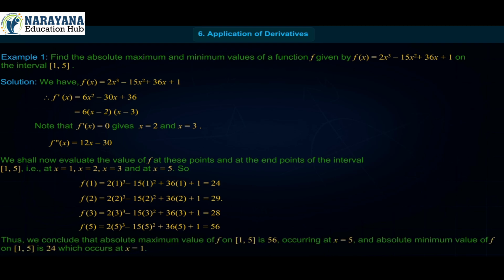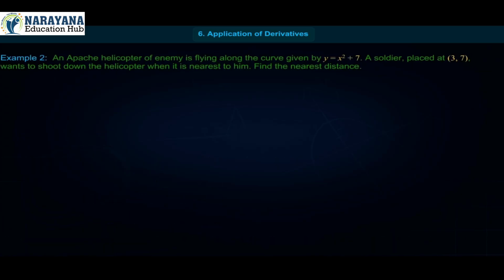Thus, we conclude that absolute maximum value of f on closed interval 1, 5 is 56, occurring at x is equal to 5, and absolute minimum value of f on closed interval 1, 5 is 24, which occurs at x is equal to 1.